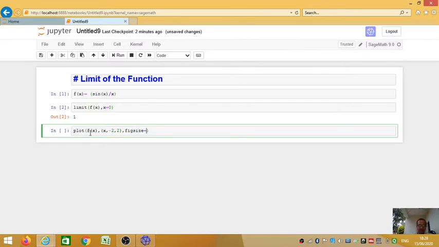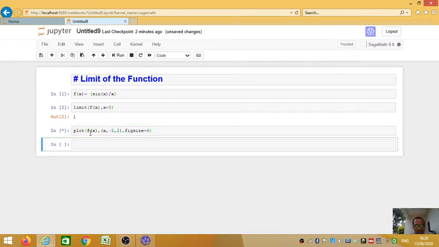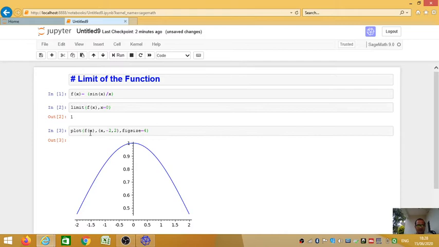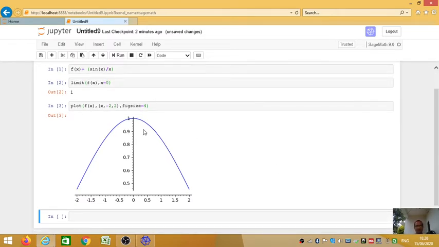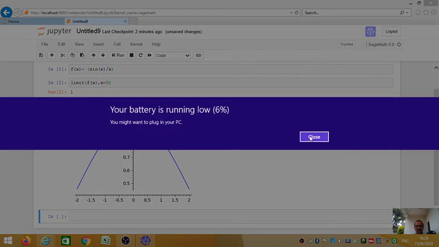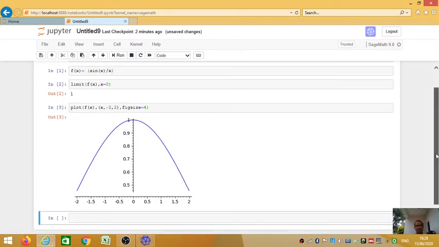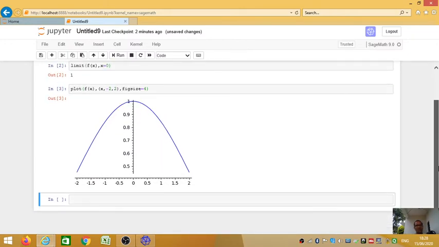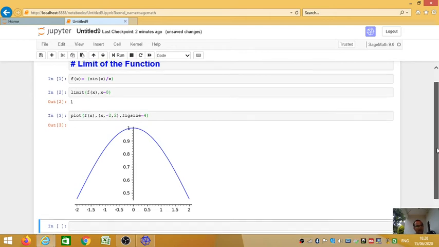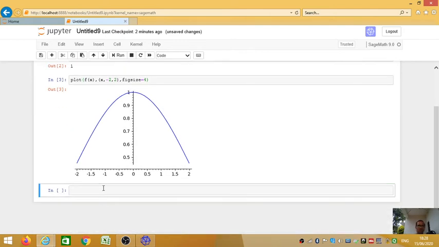Okay, so I will take the figure size 4, and I will see the output of this function. What is the graph of this function, right? You can see that at x equal to 0, the value of the function is 1, right? In this way we can see that the limit of this function is 1. At x equal to 0, the limit of the function is 1, right? This is the meaning of the limit of the function.